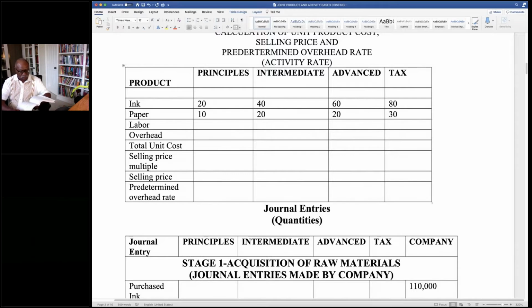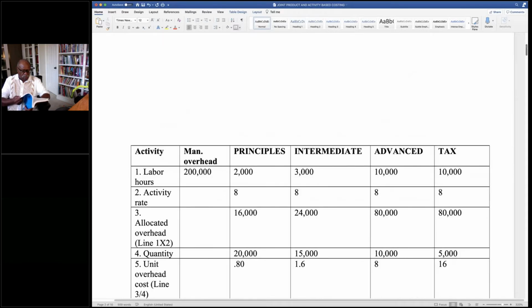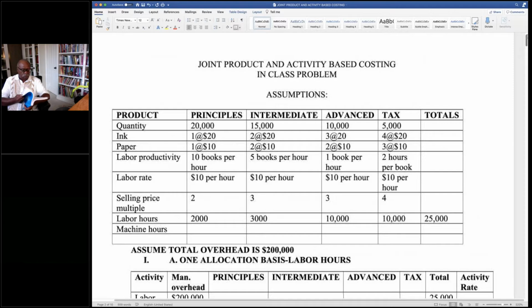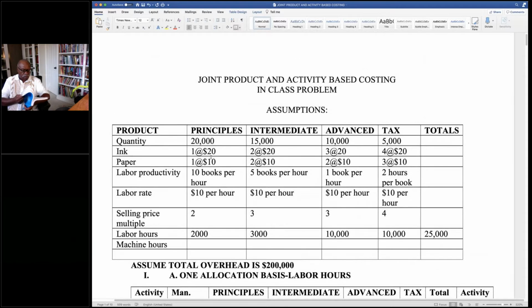Oh, I skipped a step. Okay. The labor, we're supposed to divide the, right? Hold on. Let me go back up. Yeah, you have to divide the amount of hours, the labor productivity. So for labor, we have to divide the labor productivity rate and the labor rate.